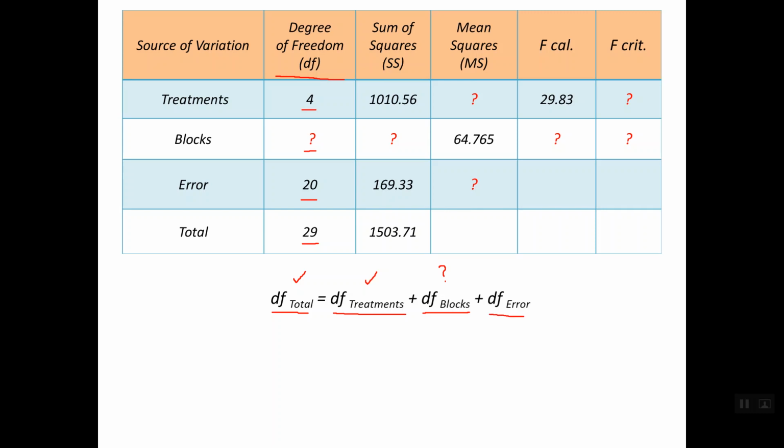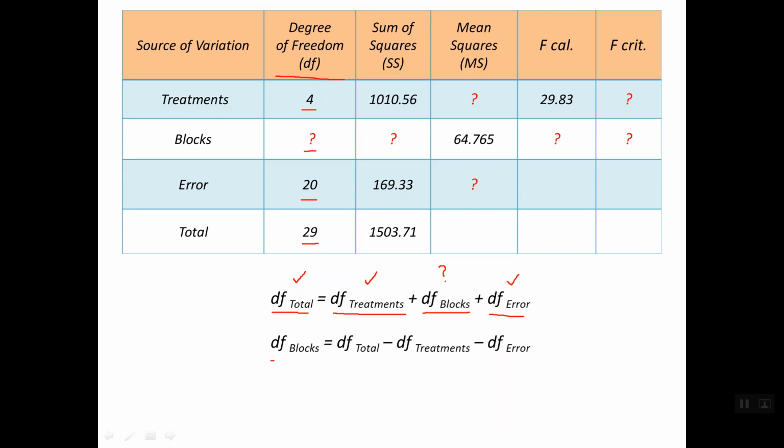And finally, the error is already known. So we keep the degree of freedom for the blocks on one side and move the others to the opposite side, so the sign will be changed.